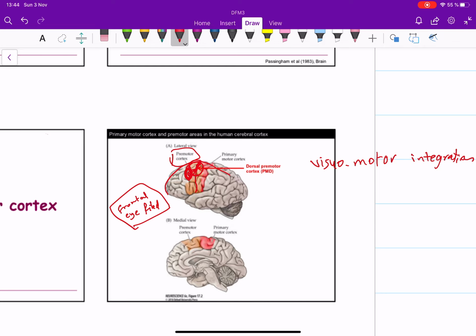And also the frontal eye field, I said that it's responsible for initiated movement, and I mean by that self-initiated movement.